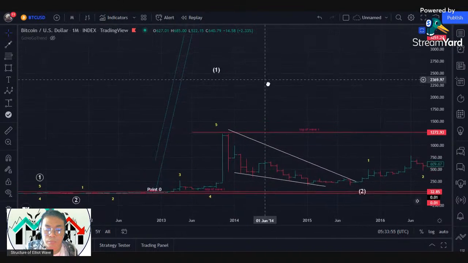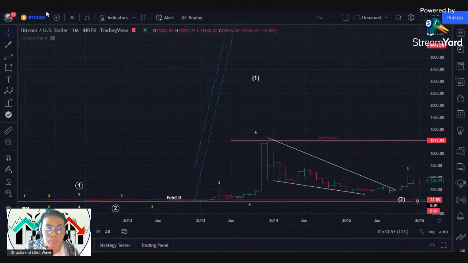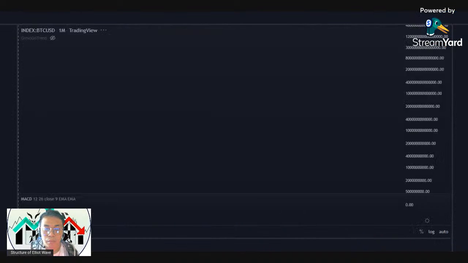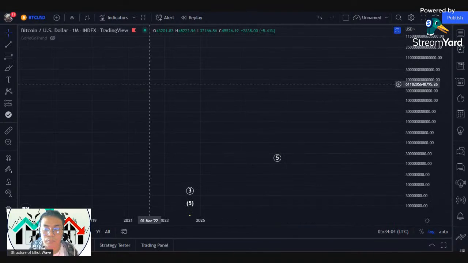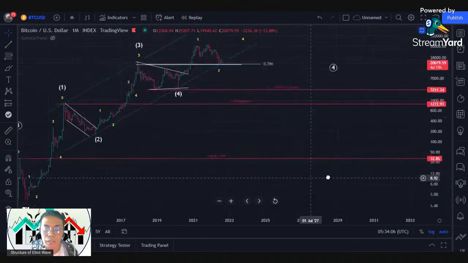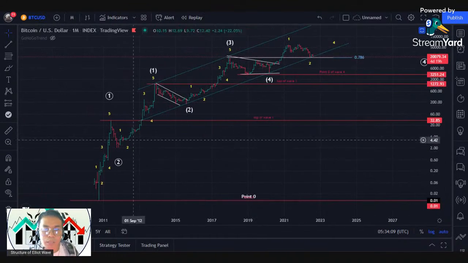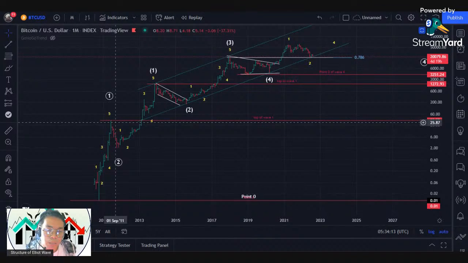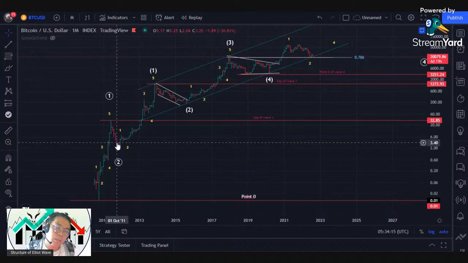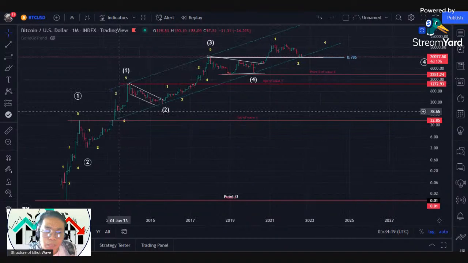Let me refresh this one. Yeah, here. So as you can see, we have small waves inside that I labeled, but you can see that clearly in the lower time frame, which is weekly or daily.